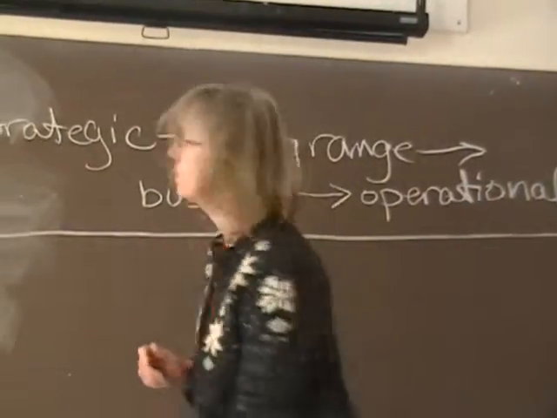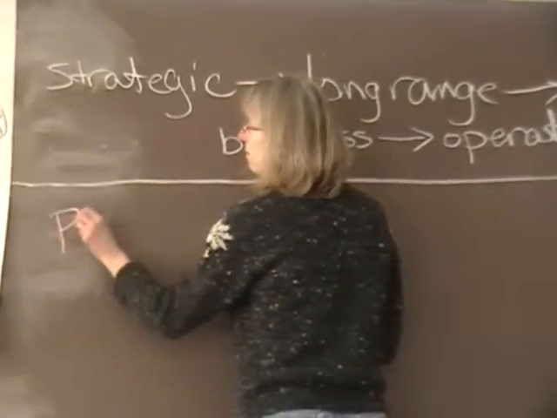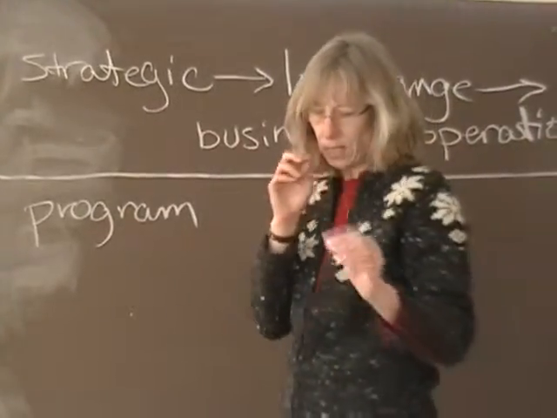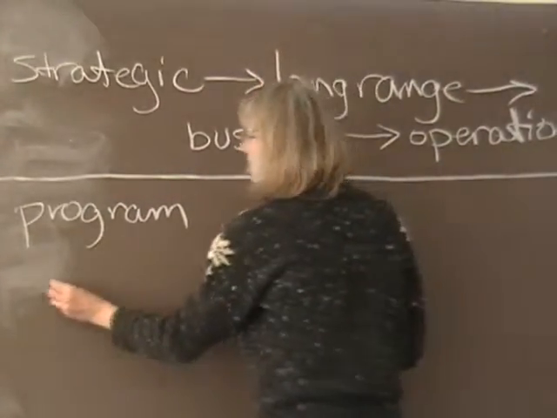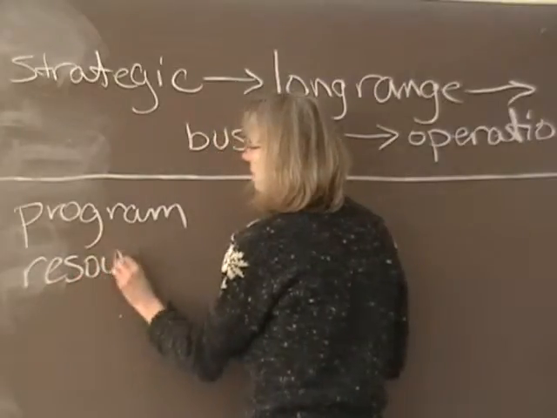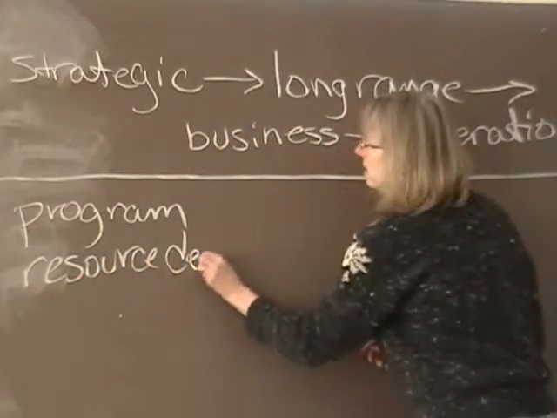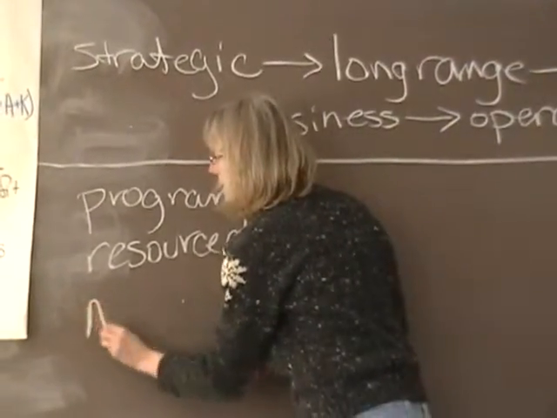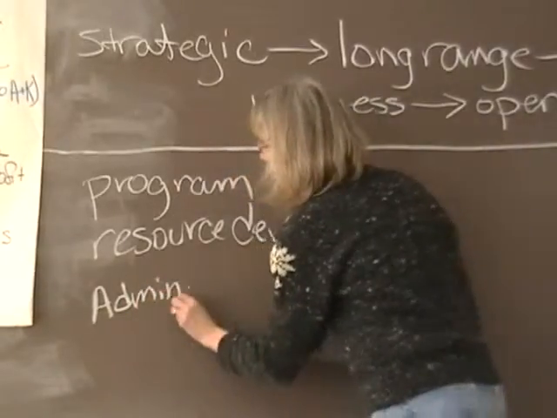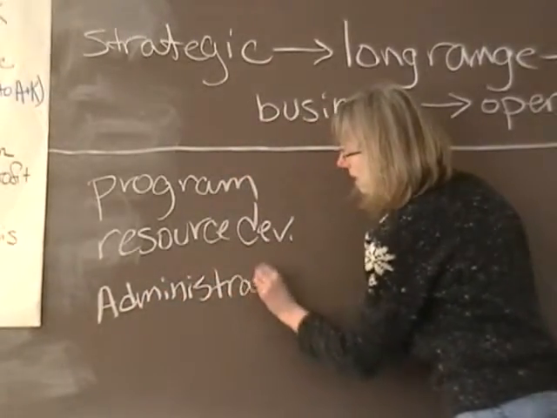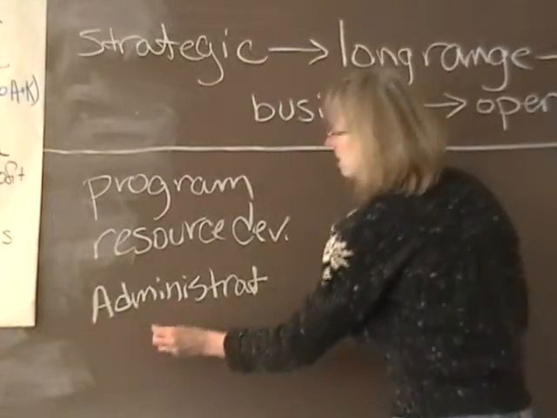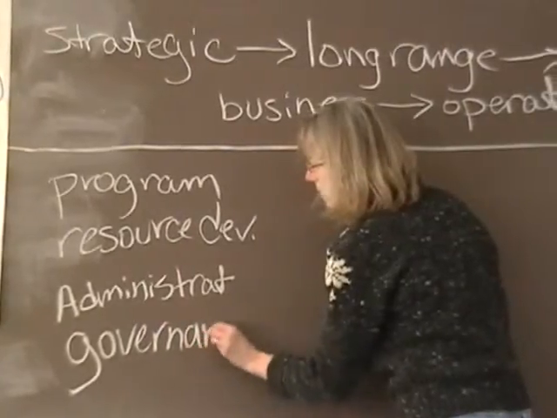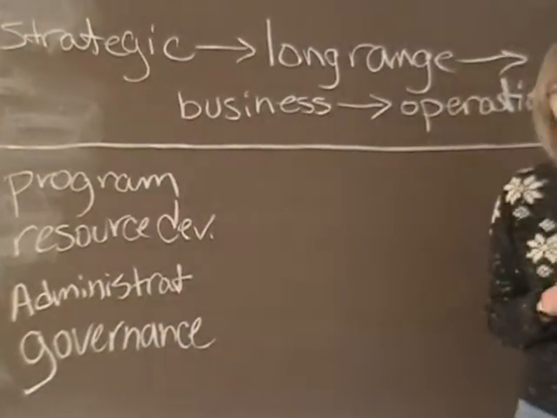They make a point of talking about strategy in programs, strategy in resource development, a difference in strategy around administrative capacities, and lastly, they have a category for governance strategies. And that theme carries all the way through the book.